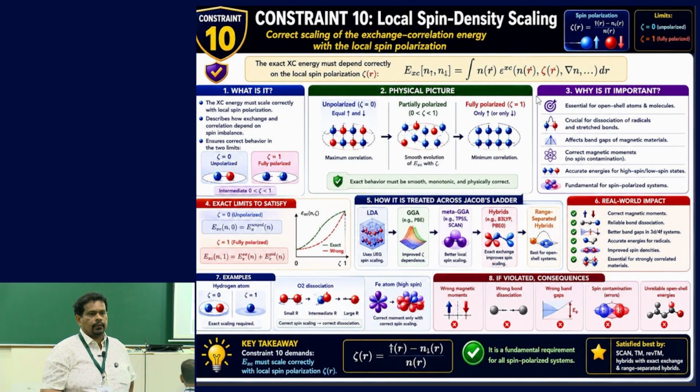So what you are saying is there is a different scaling for correlation in terms of spin. What is that scaling? That is not known. But that is what I'm saying: not known means it is not there.